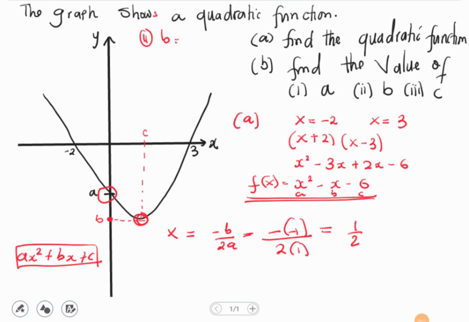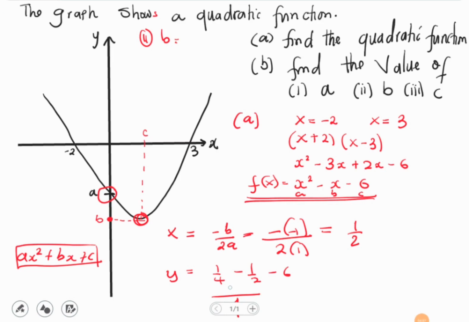How do we find the y value? We can find the y value by putting the same 1 over 2 back into the function. What is half squared? We get 1 over 4 minus 1 over 2 minus 6. Here we can find the common denominator, which is 4. What do we have?